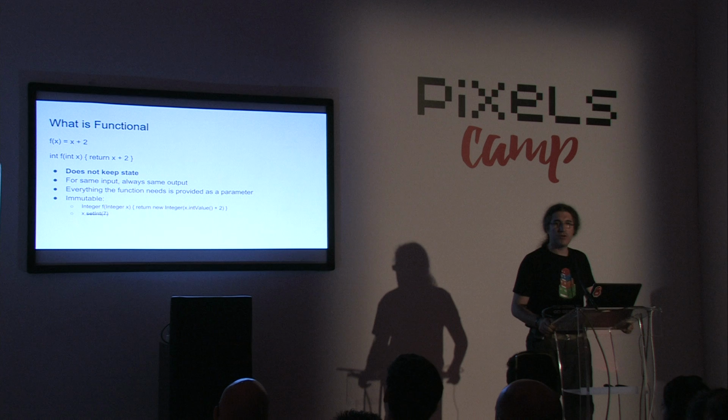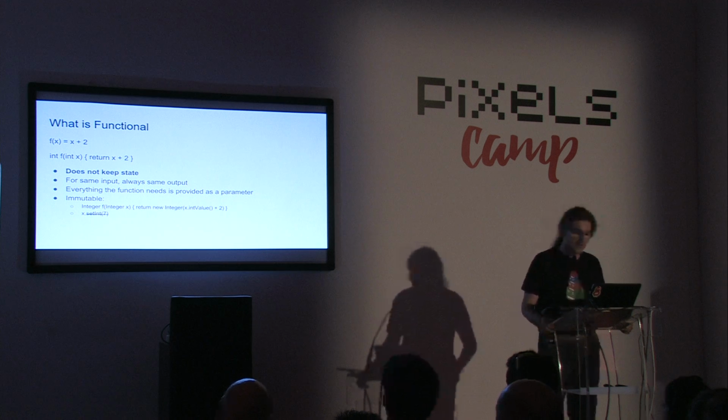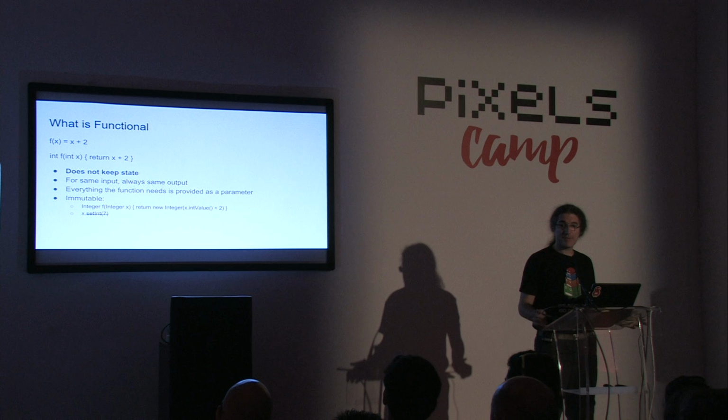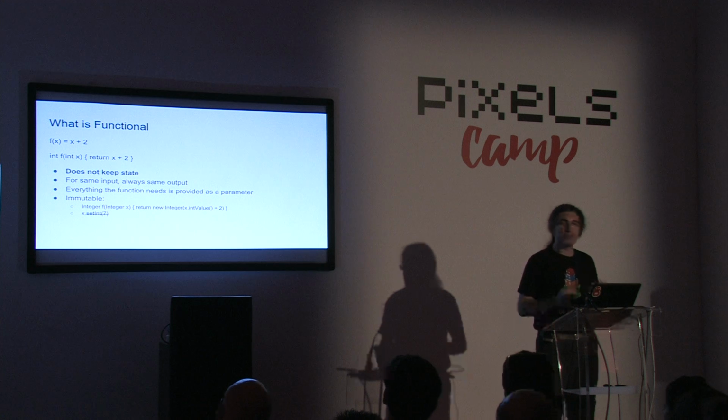And we can make the following observations. This function does not keep state, and that's the most important thing. If it doesn't keep state, for the same inputs you always get the same output. And everything the function needs is provided as a parameter.